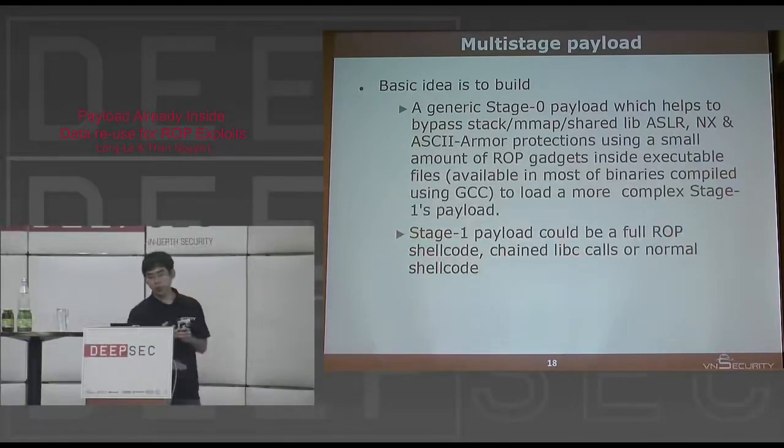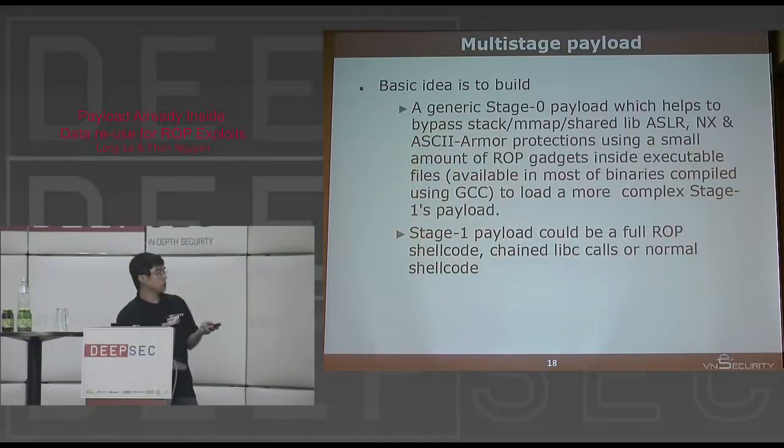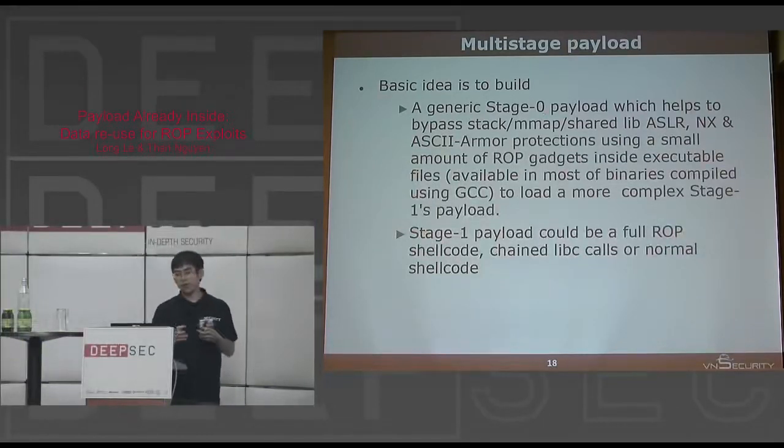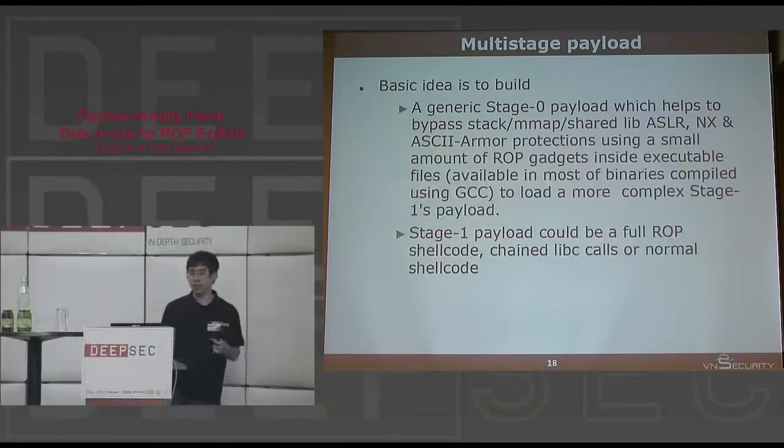For example, most binaries compiled with GCC will have enough gadgets to build the stage zero. From the stage zero, it will be able to load the full and complex stack, the stage one payload, where you can put anything.